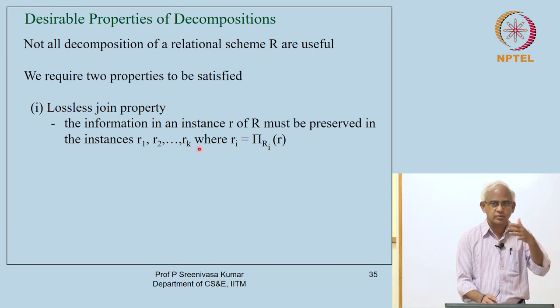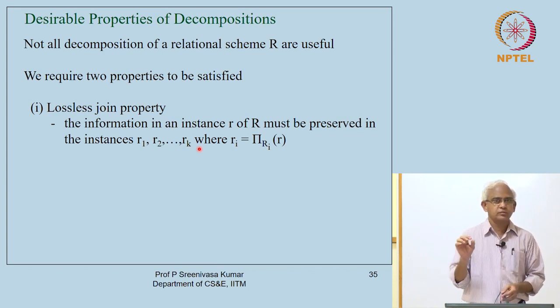So whatever tuples were there in R will automatically, some segments of those tuples, come into R1 through Rk. Each tuple in R will get segmented in some sense.